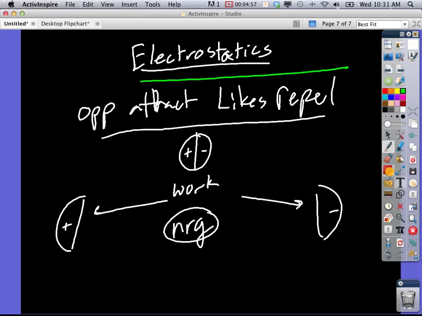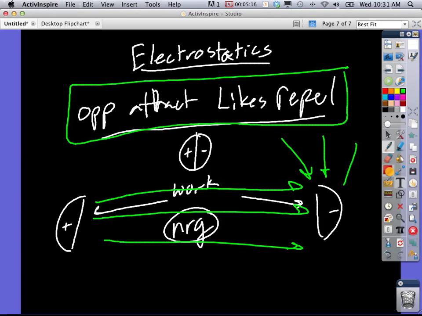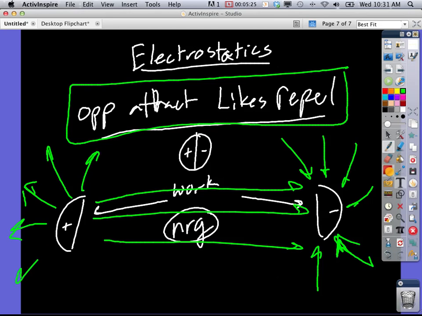The field. These are attracted because of electric forces, and what causes those forces is the electric field. The electric fields coming off of these things are what makes all of this happen.